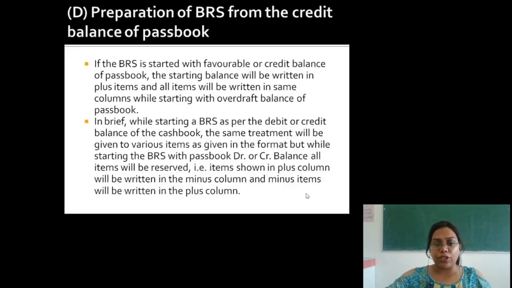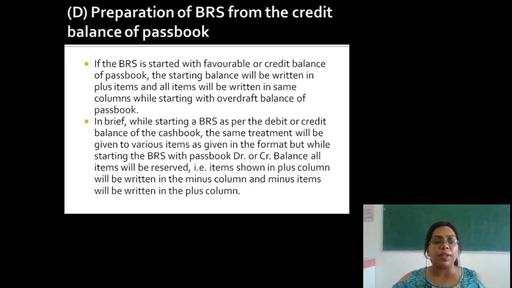The last method of preparing a BRS is preparation of BRS from credit balance as per passbook. This is the last method. If the BRS is started with a favorable or credit balance of passbook, the starting balance will be written in plus items.